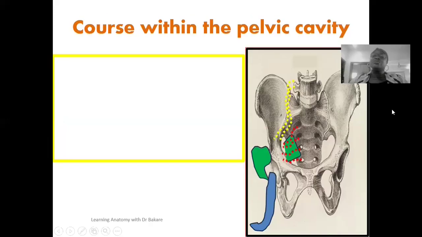So the course that it runs first within the pelvic cavity, we know that the superior gluteal artery emerges from the posterior trunk of the internal iliac artery. We can also say that it is a continuation of the posterior trunk of the internal iliac artery. We've tried to explain and also illustrate how these two statements are drafted. So let's see the structures that are related to the superior gluteal artery within the pelvic cavity.